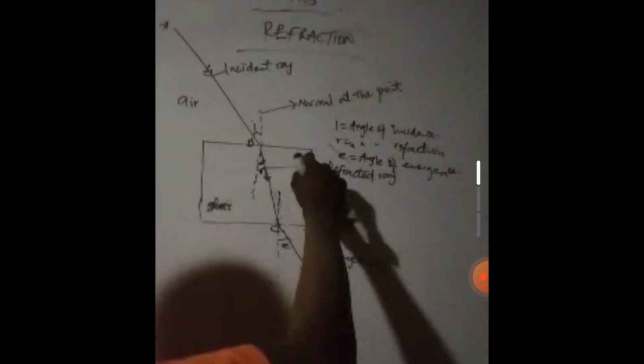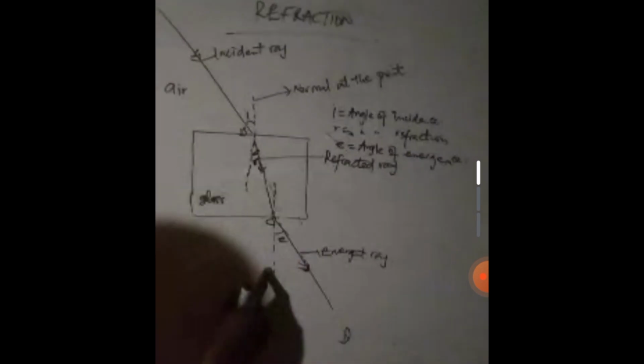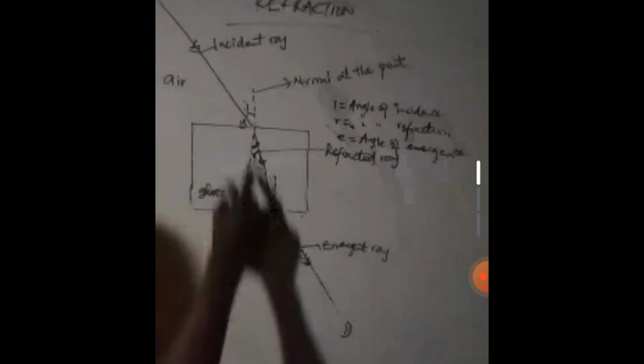Okay, so we're saying that this is the incident ray. This is the point. Normal at the point. This is always perpendicular to the plane of reflection or refraction, as the case may be. And this is another normal at the point.